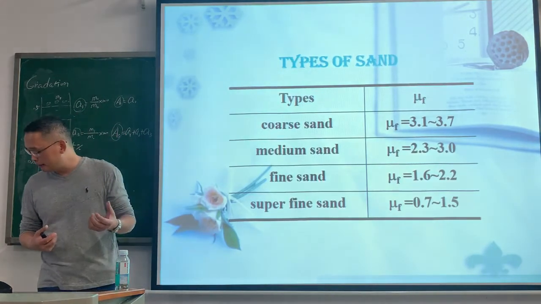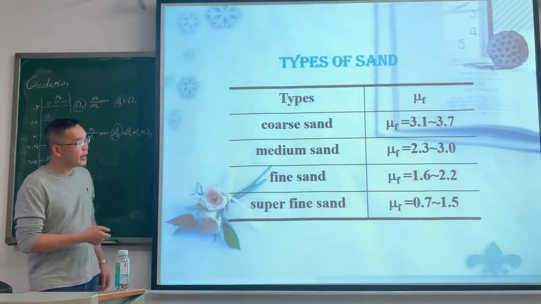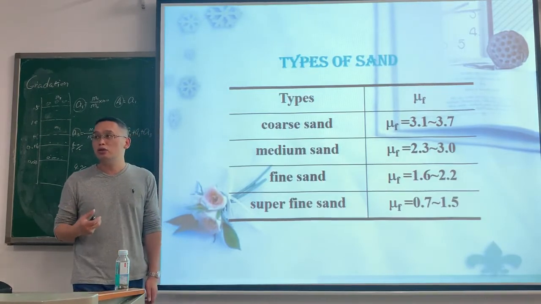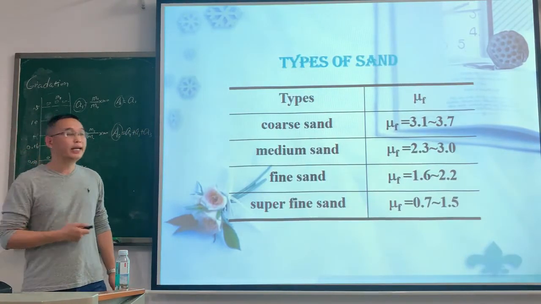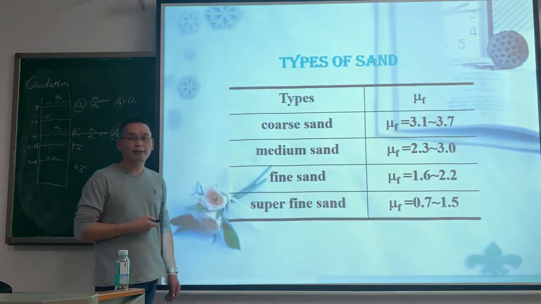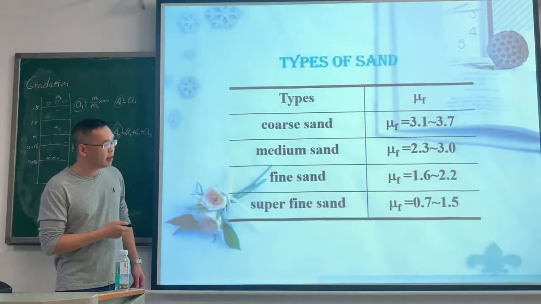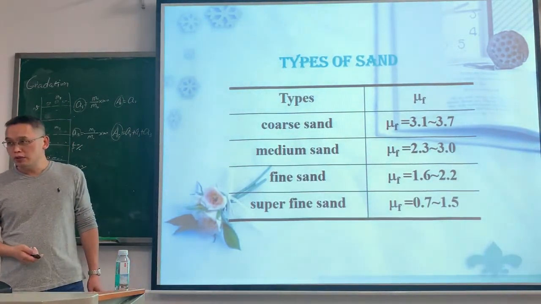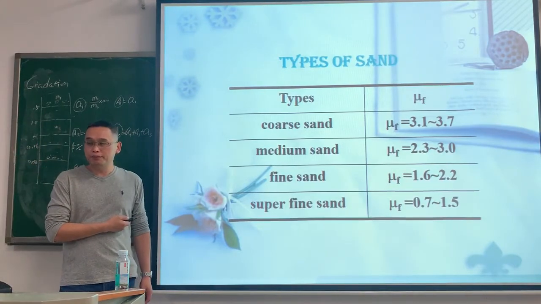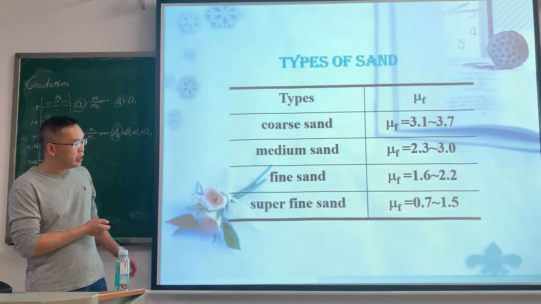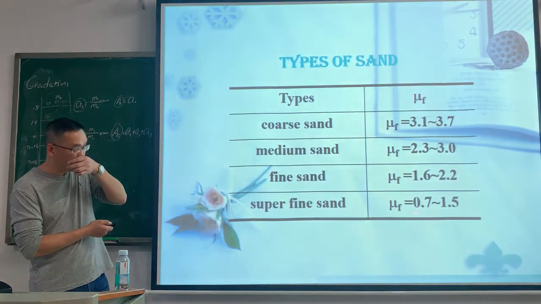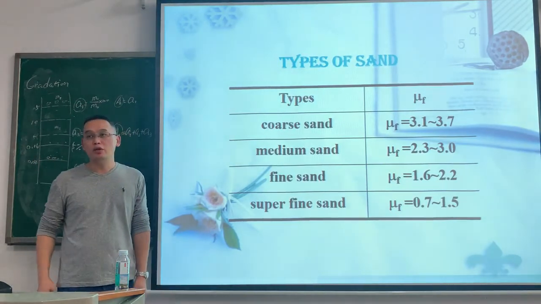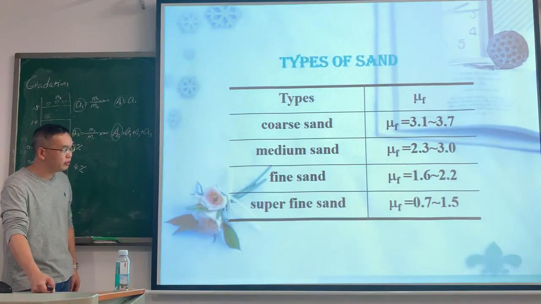And if the fineness modulus is between 2.3 to 3.0, we call it medium sand. For the fineness modulus between 1.6 and 2.2, we call it fine sand. And if the fineness modulus is below 1.5, we call it super fine sand.